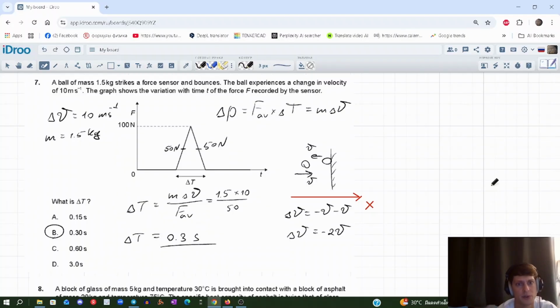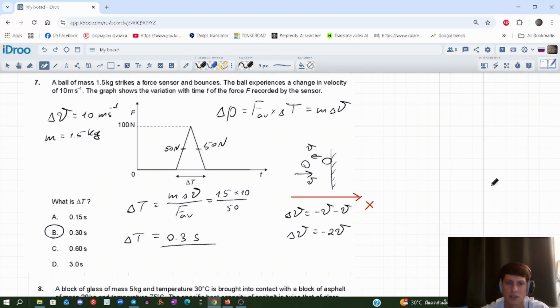What is F average? We can see that the relationship of the force and time here is linear. So it means that we can find the average value, just initial one plus final one over 2, right? Initial force, which is 0, plus final force, which is 100, divided by 2.